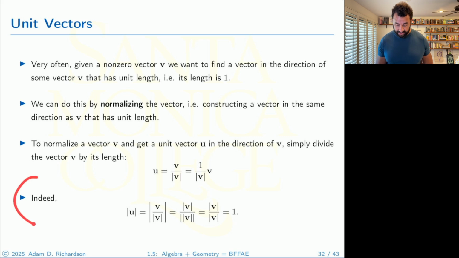And down here, this is just the proof that indeed this is a unit vector, because the length of this vector here, using just properties of the distance formula or properties of square roots, gives you this. Remember, the length of a length is the length again. And then any non-zero number divided by itself is equal to 1. So this is how you find a unit vector in the direction of any vector. That's how you do it.